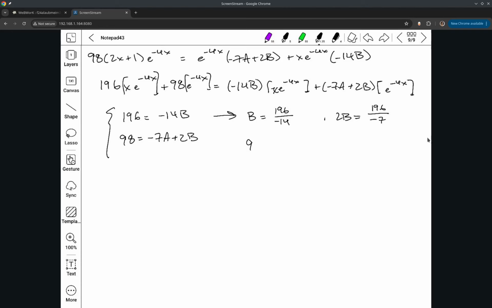That means that 98 is equal to minus 7a plus 196 over minus 7. Okay, so 98 is 49a plus 196 over minus 7. Which means a would be that thing.